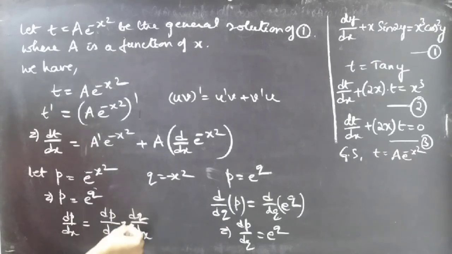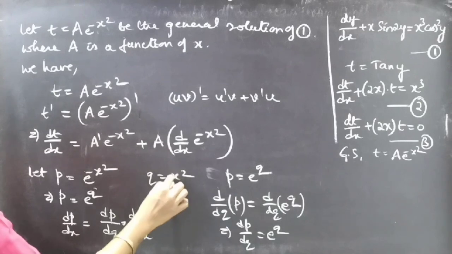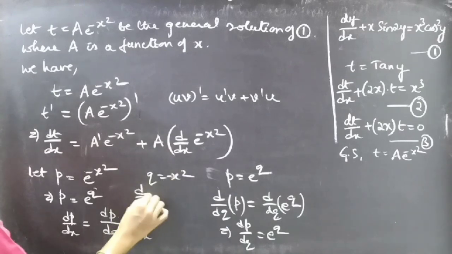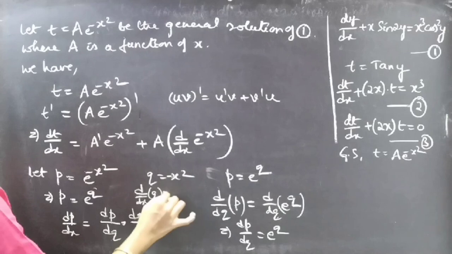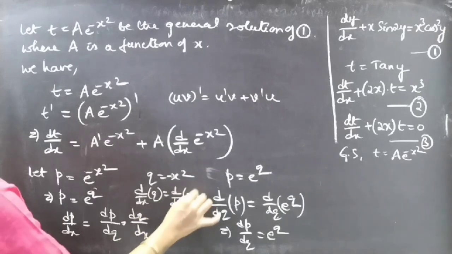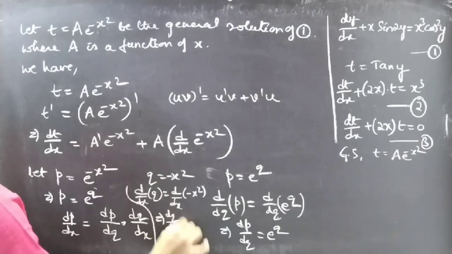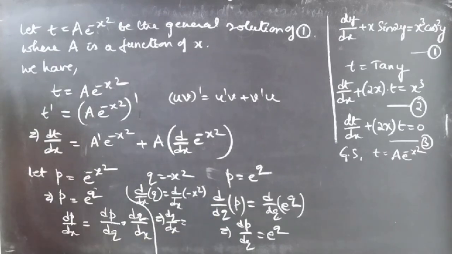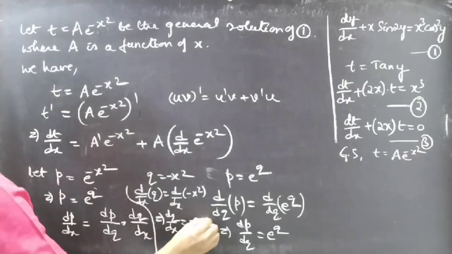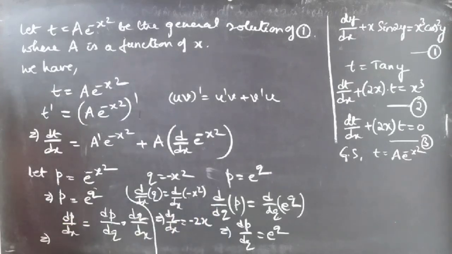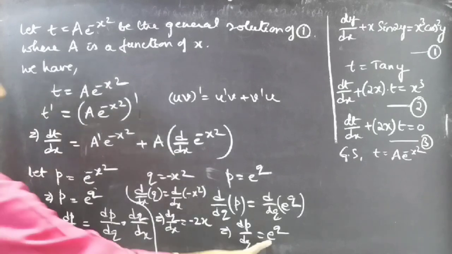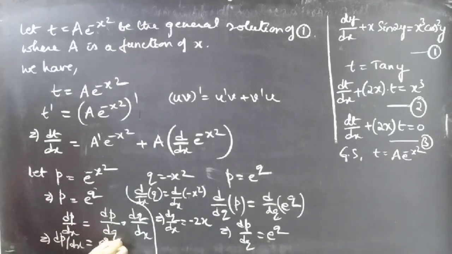Now let's find dq by dx. So we need to differentiate both sides with respect to x. d by dx of q equal to d by dx of minus x square. This gives us dq by dx equal to the derivative of minus x square with respect to x, which is minus 2x. Then the derivative of p with respect to x equals dp by dq, which is e power q, into dq by dx, which is minus 2x.